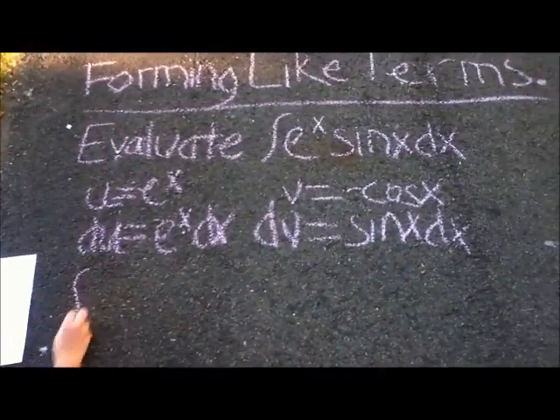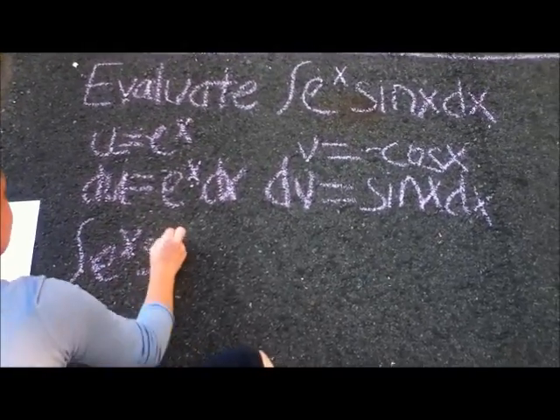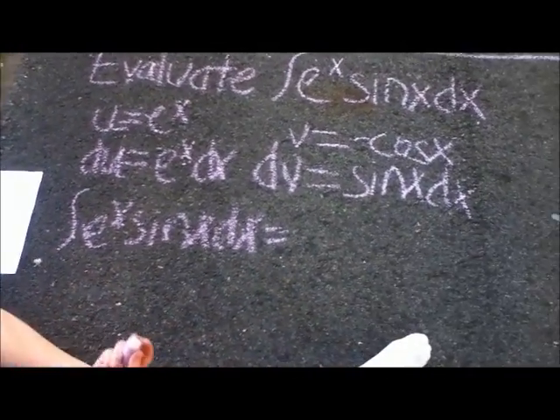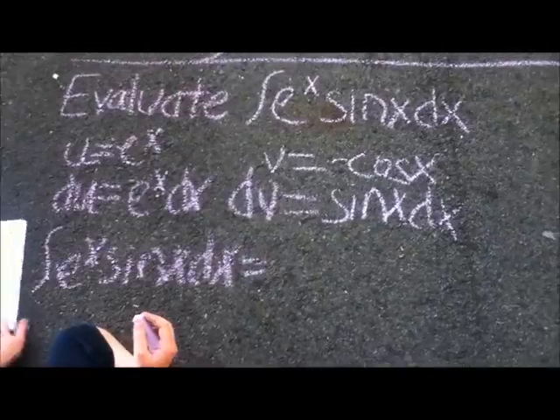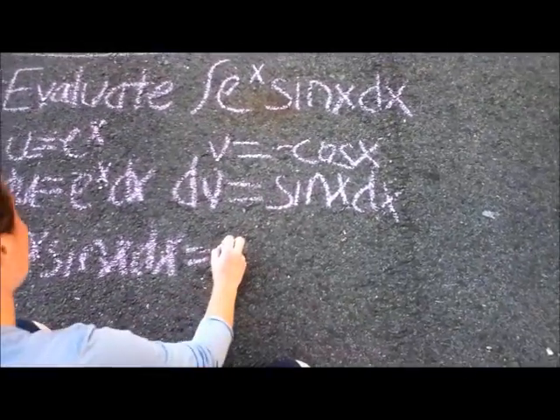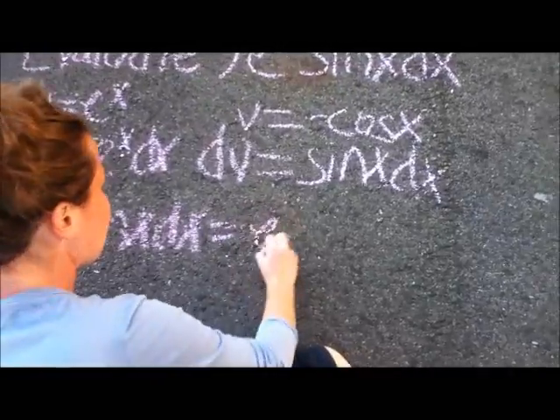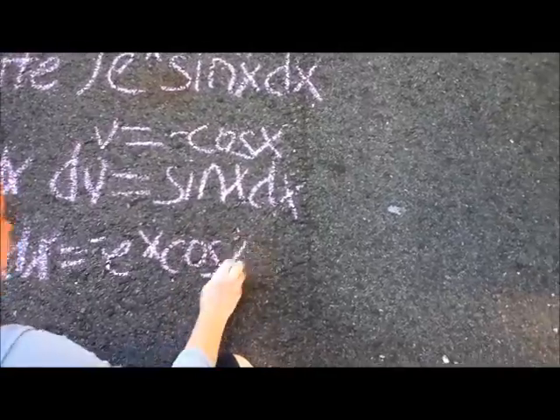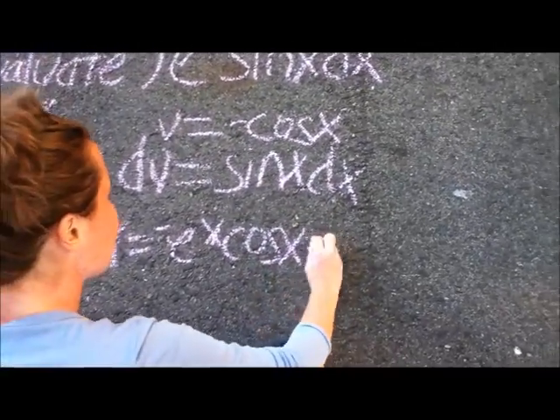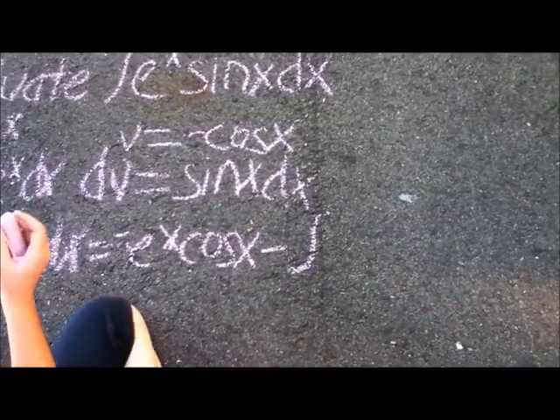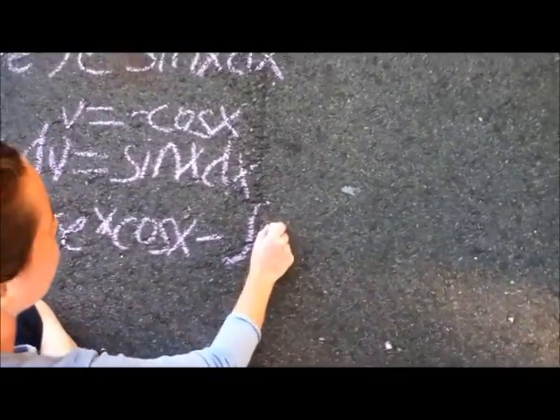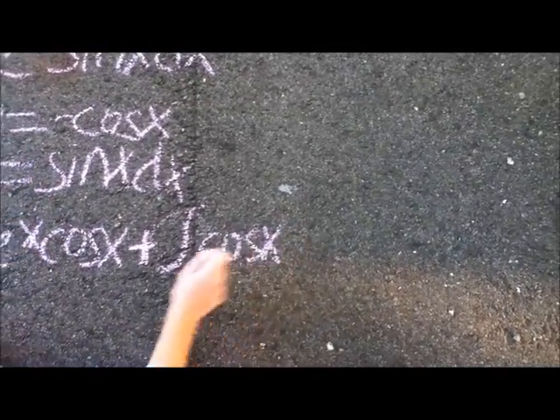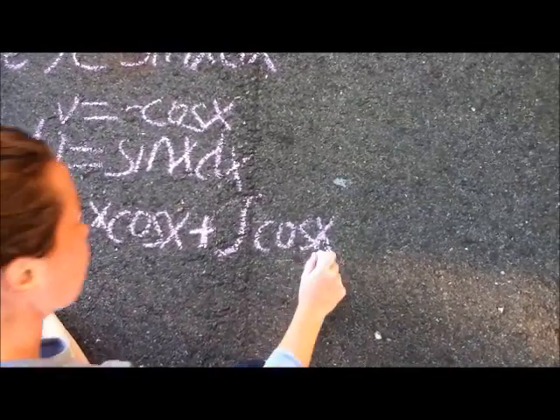So the integral of e to the x sine of x dx, using the integral of u dv equals uv minus the integral of v du, we find that it equals e to the x times v, which is negative cosine x, minus the integral of v, negative, which I'm just going to pull the negative out now and make this a positive, cosine x times du, which is e to the x dx.